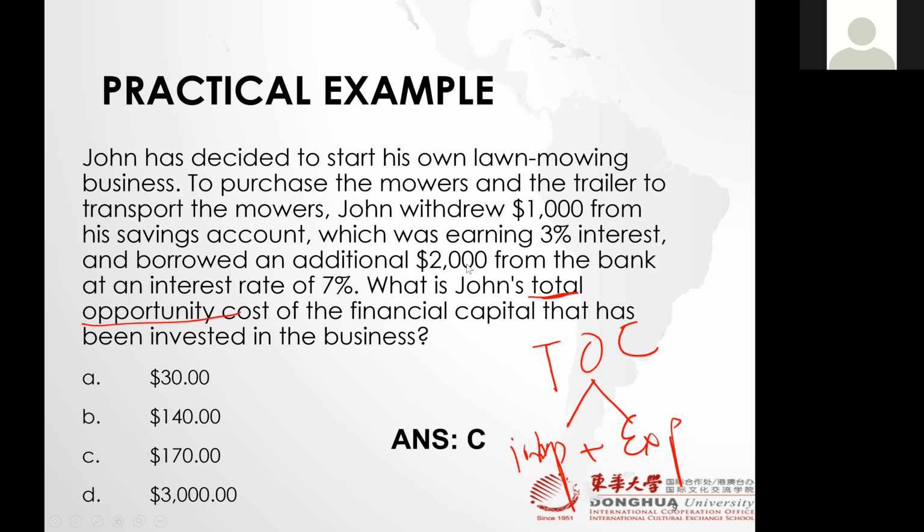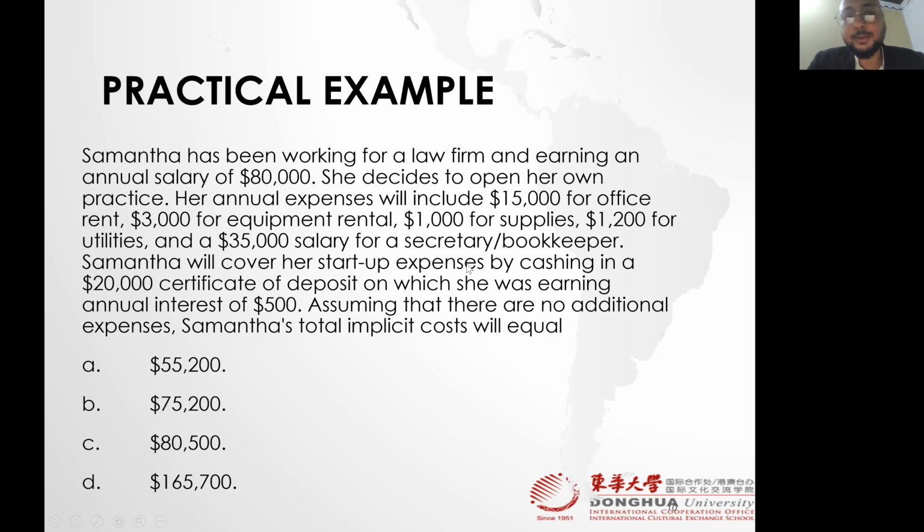Okay. Now answer this question. Samantha has been working for a law firm and earning an annual salary of 80,000. She decides to open her own practice. Her annual expenses will include 15,000 for office rent, 3,000 for equipment rental, 1,000 for supplies, 1,200 for utilities, and 35,000 salary for a secretary.